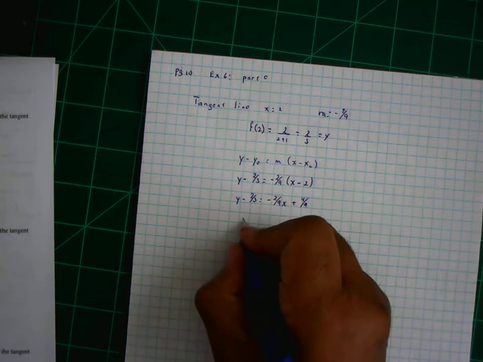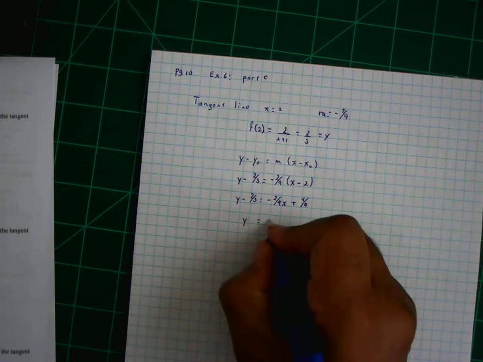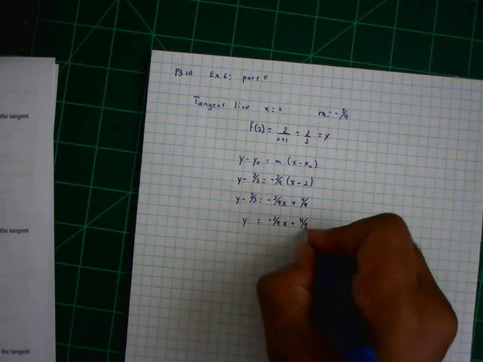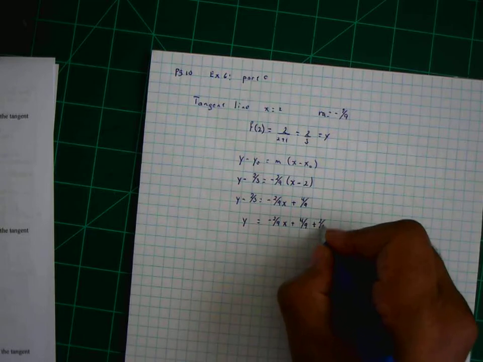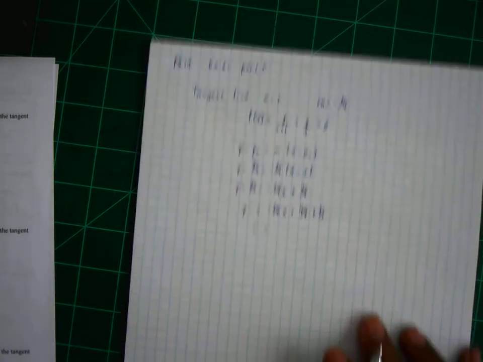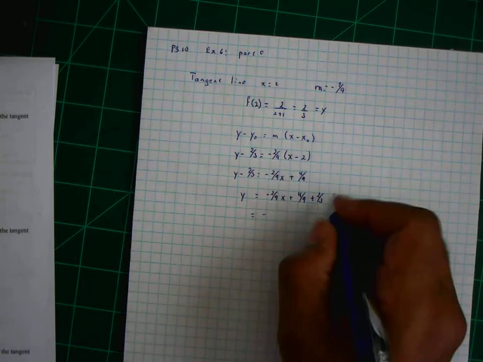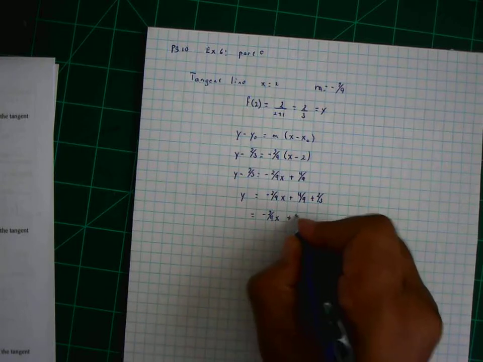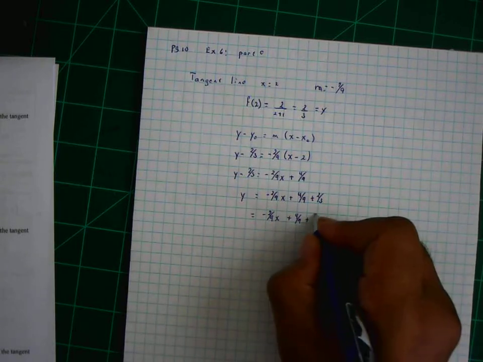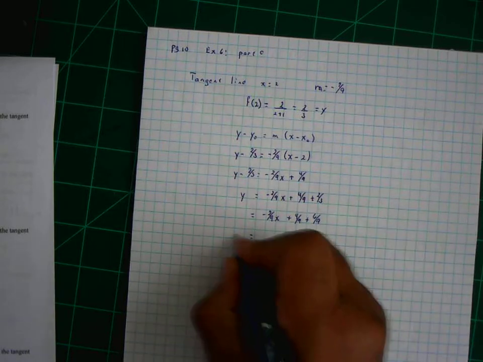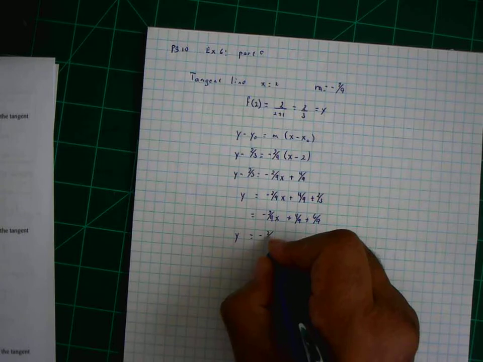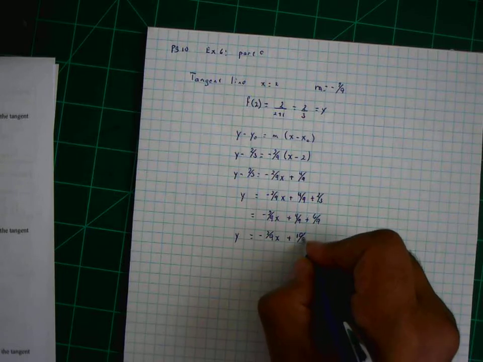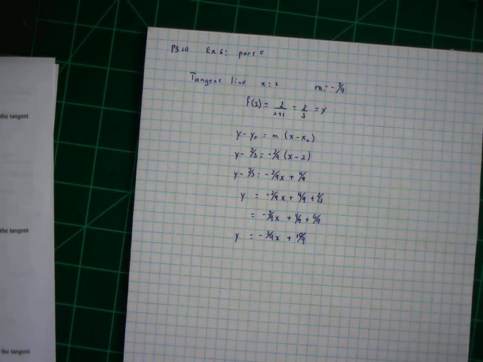Add 2/3 to each side. Now 2/3 is the same as 6/9. And my equation becomes y equals negative 2/9 x plus 10/9.